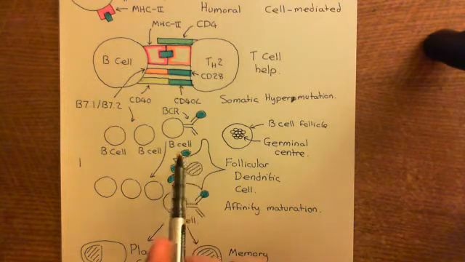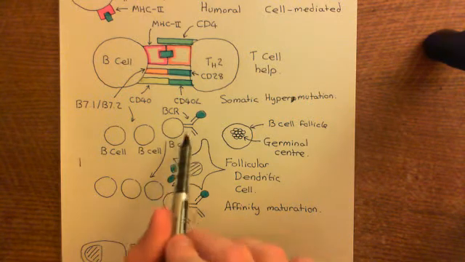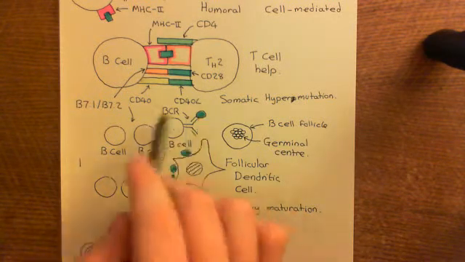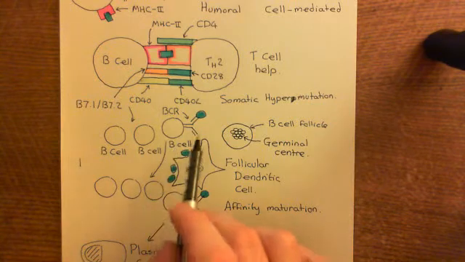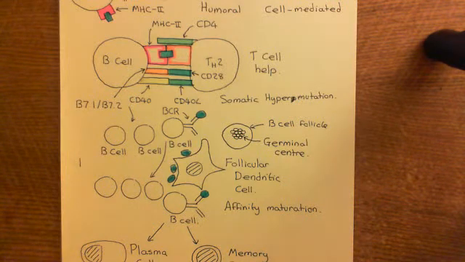Those which have an improved affinity for the antigen, i.e. their B cell receptor, when it underwent this mutation, increased its affinity for the antigen and is therefore a competitive B cell, that B cell will get antigen, whereas the ones which have suffered mutations which have lowered the affinity of their B cell receptor for the antigen will not get the antigen.